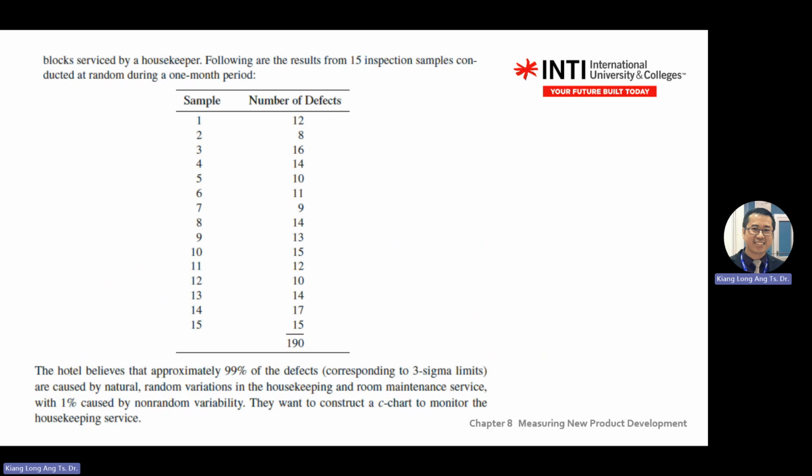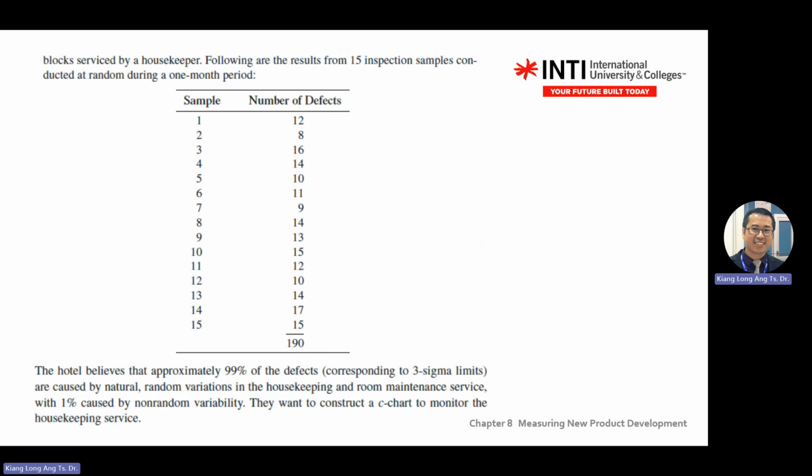Okay. The hotel believes that approximately 99% of defects respond. Of course, in the exam you won't see this bracket. I will remove this one in the exam. Approximately 99% of the defects are caused by natural random variation.